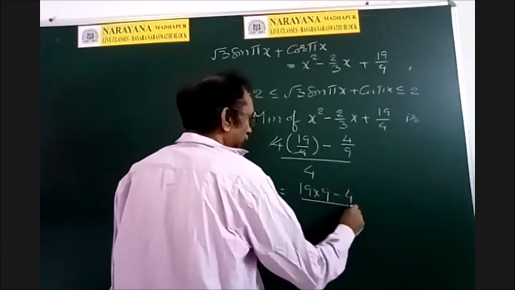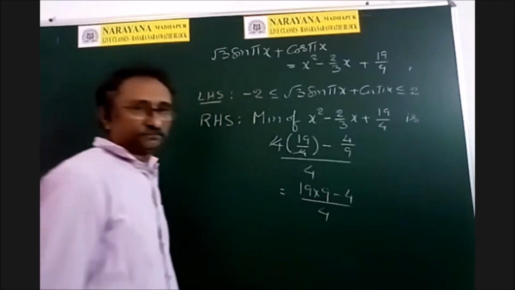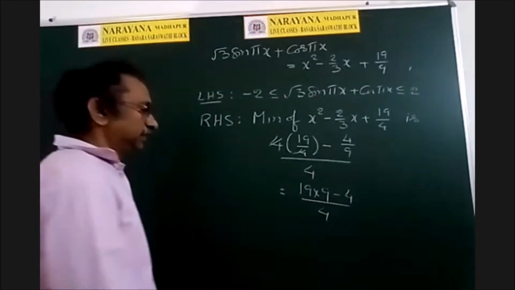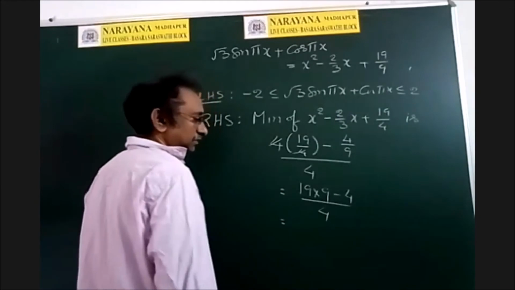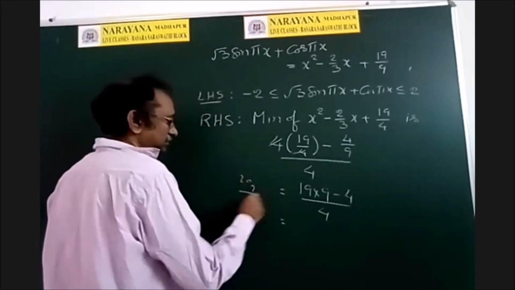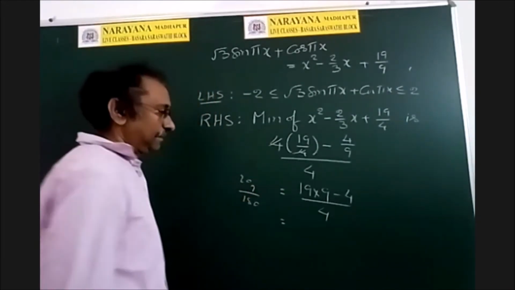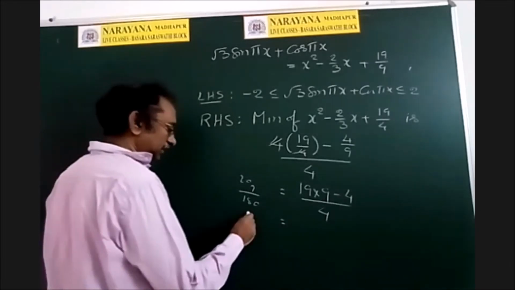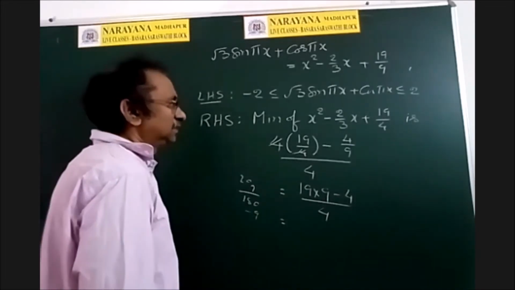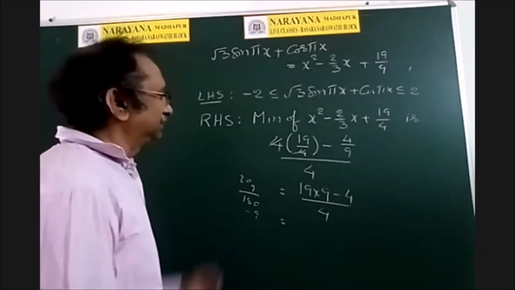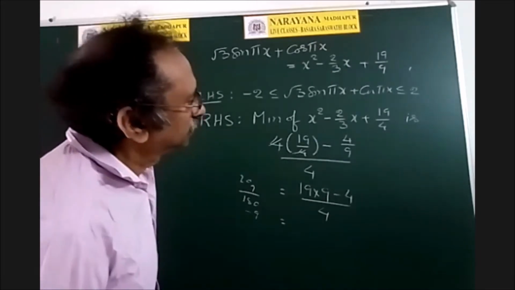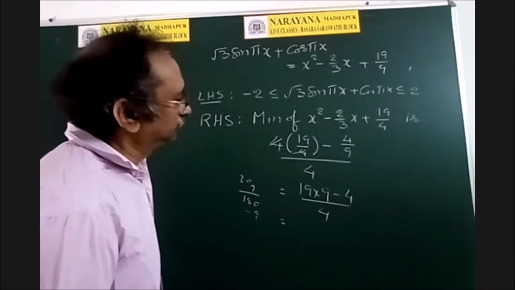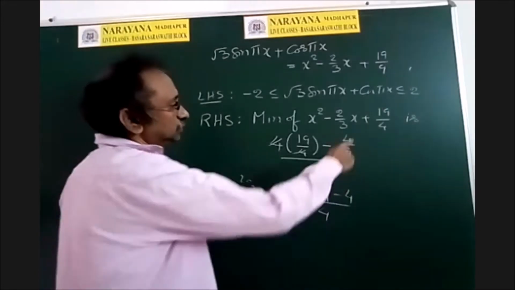Minus 4 by 4a. So what is this? 19 nines, so 20 nines is 180. So 180 minus 9, it is not cancelled. So I have made some mistake there. It must be some integer.